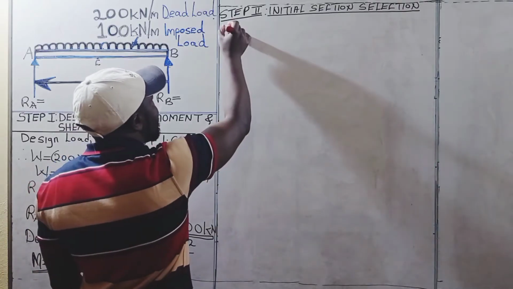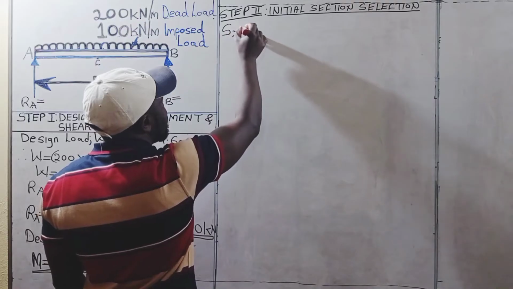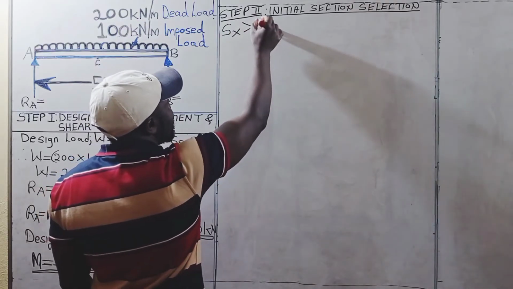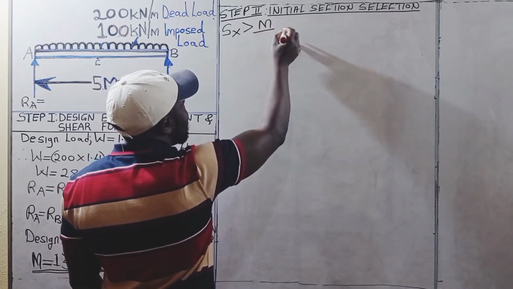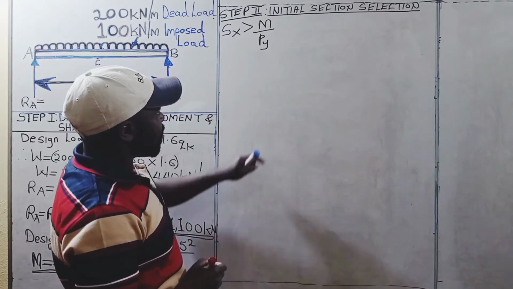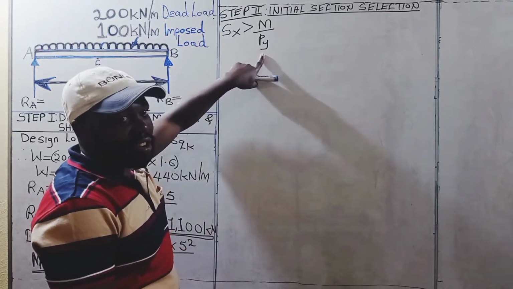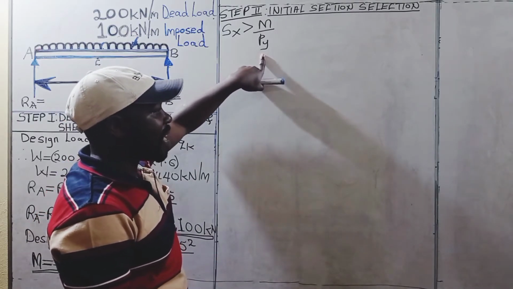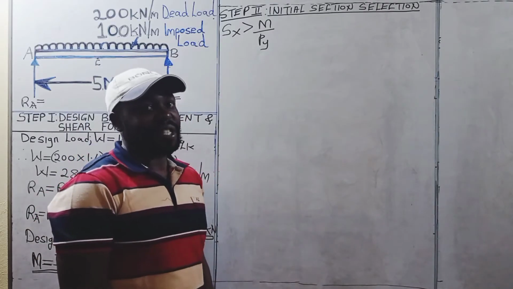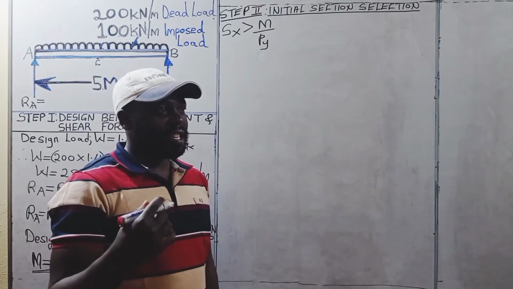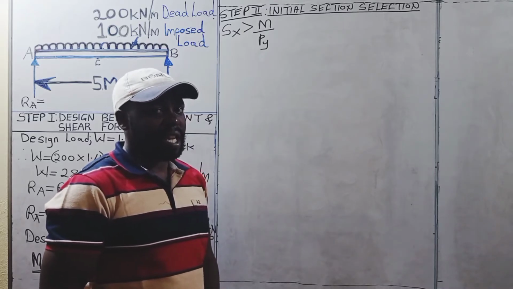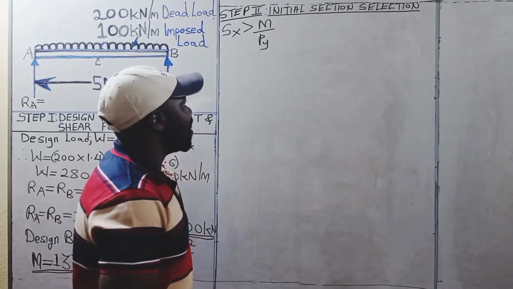Therefore, the minimum plastic modulus should be greater than the design bending moment divided by the design strength of steel, that is Py, and in this case we are dealing with the S275, meaning that the design strength of this steel is 275 newtons per square millimeter.